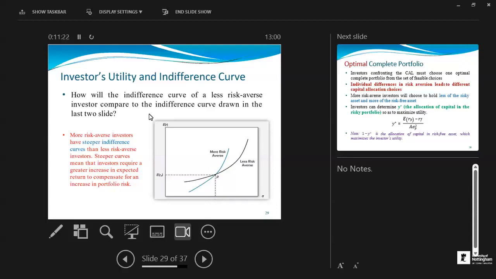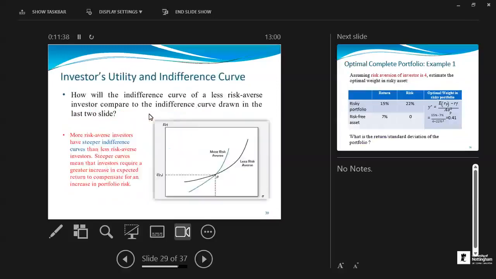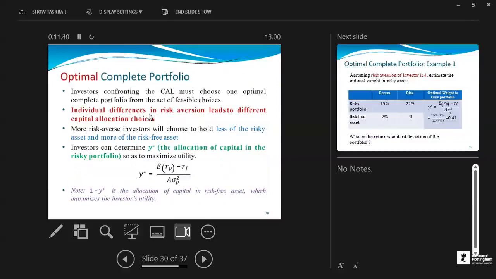But for risk loving, or those who have a low risk aversion, the slope looks more like the black line, right? Okay, good.